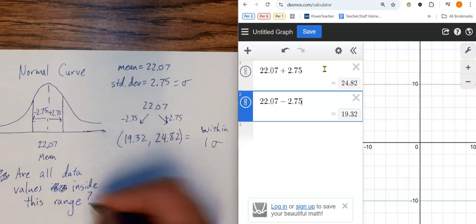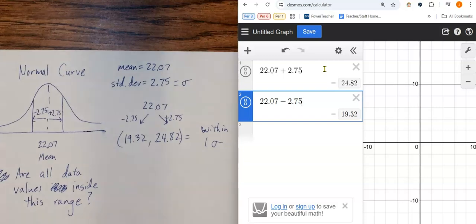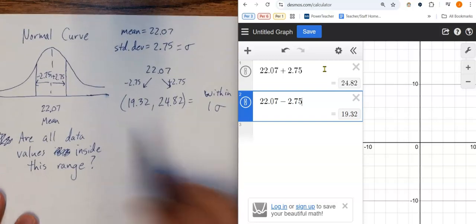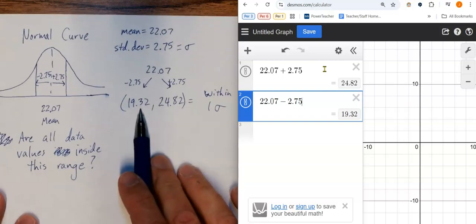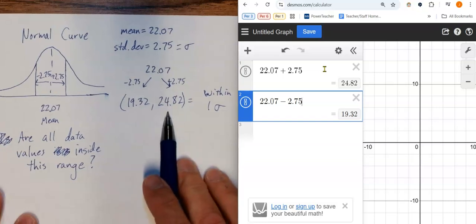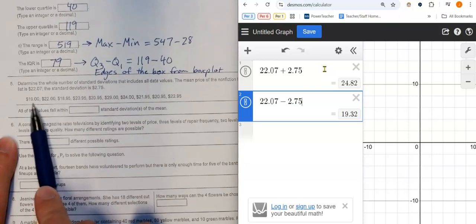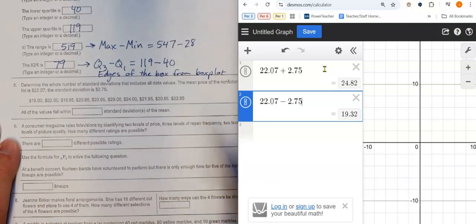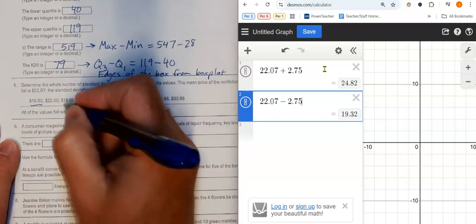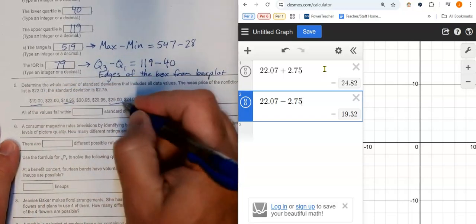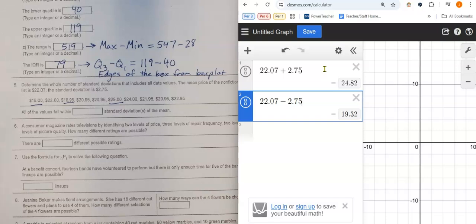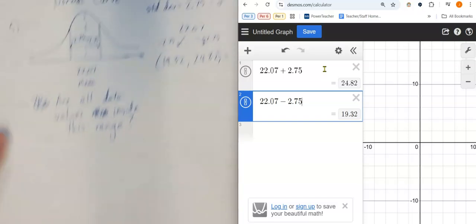That's the question they're asking me. Are all the data values between $19.32 and $24.82? Flip over the page and start looking. Do you see anything that's outside of that? Yes, one there, and one there. There's 3 values that are not inside of that range. So we have to keep going.